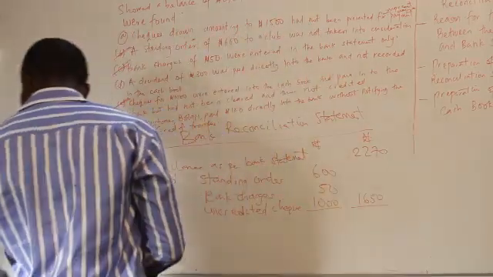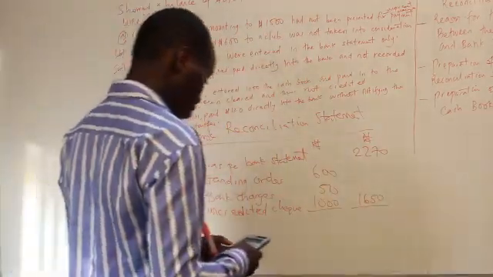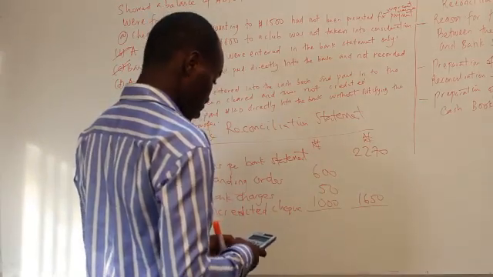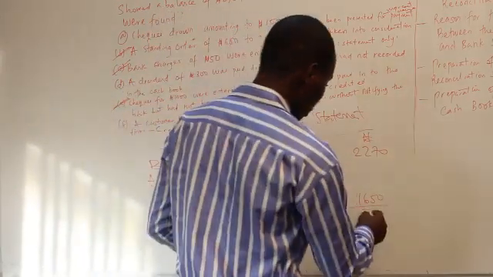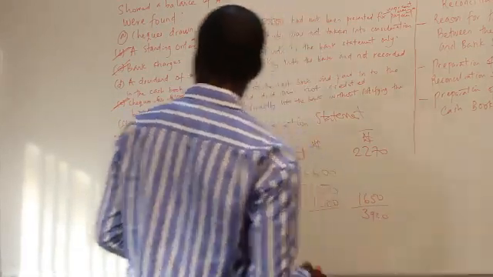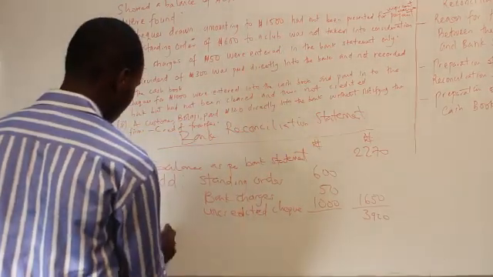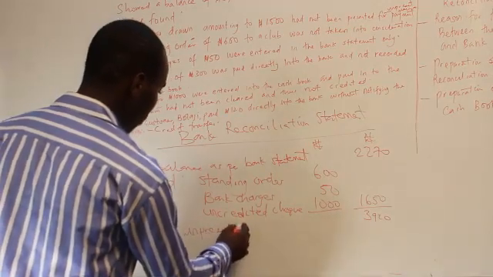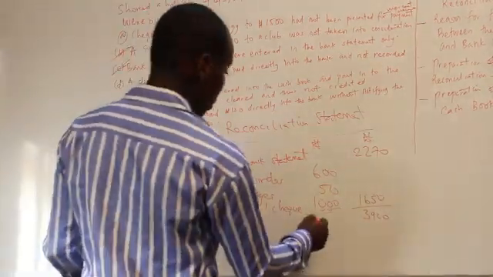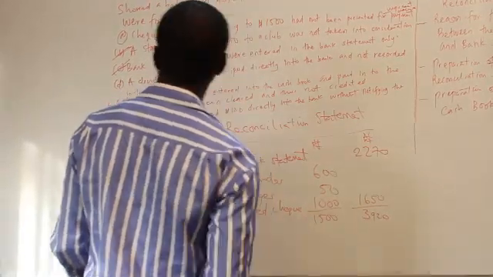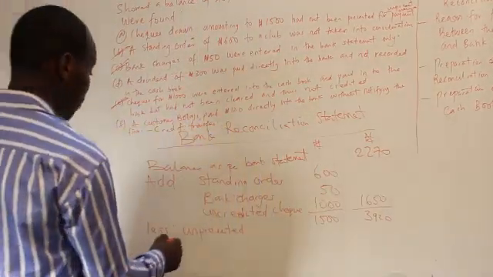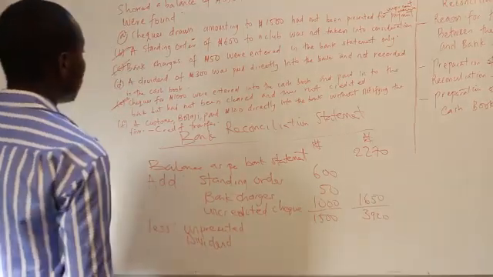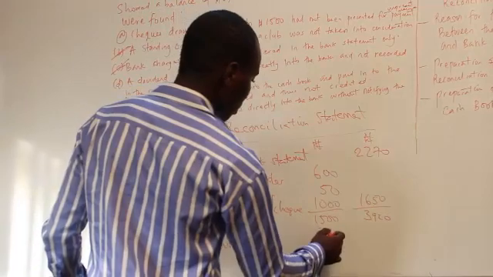So when we add this to this, so 1,650 to 2,270, we then have 3,920. So we can less unpresented check, which is 1,500. You can thereafter less dividend, which is 300.